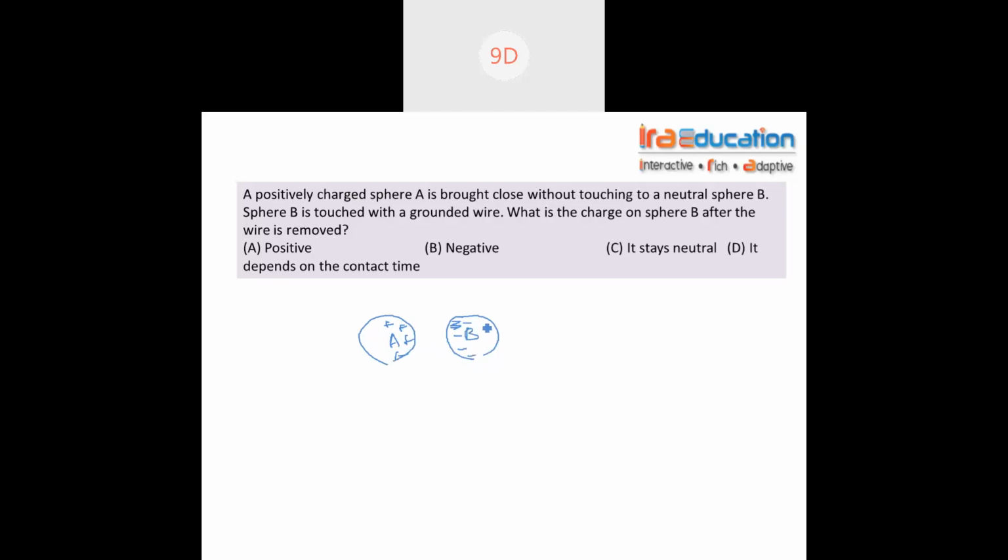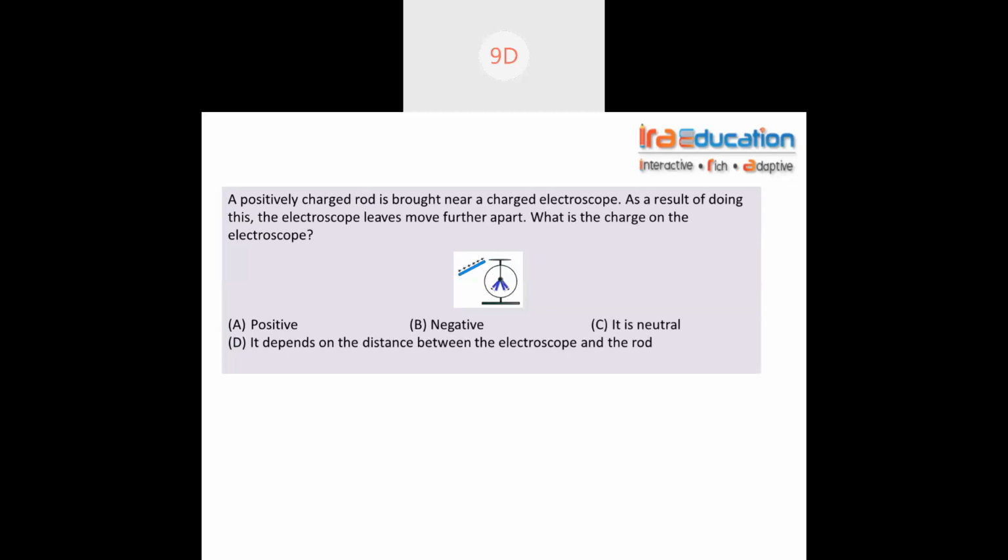Because negative charge came here, positive charge develops at the other end. This is being grounded, so all these positive charges will be removed. Now sphere B will be uniformly negatively charged. Try to visualize the situation. Very good. Negative is the right answer. Many of you have said the correct answer. This we have already done.